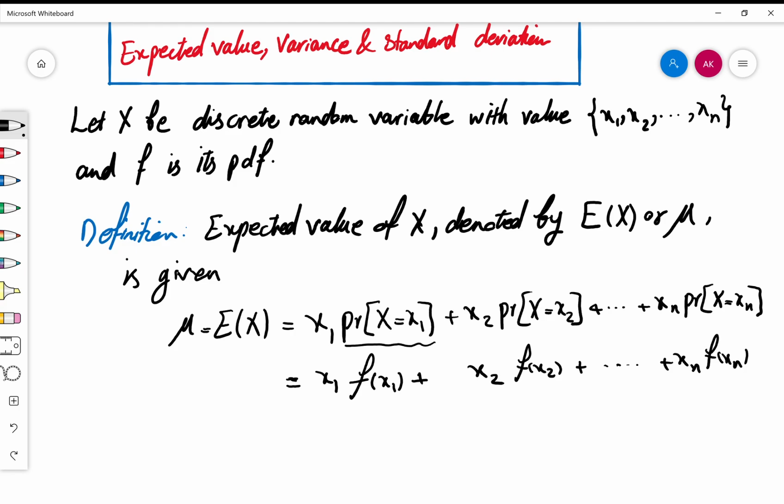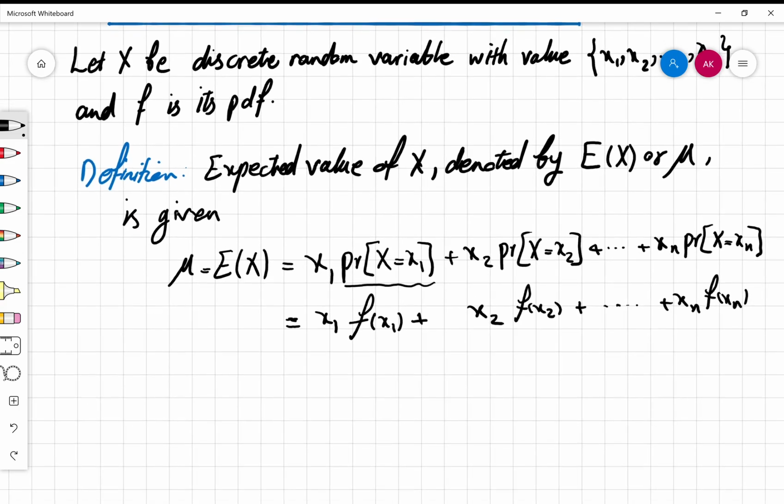This is the number we call the expected value or mean of that random variable.